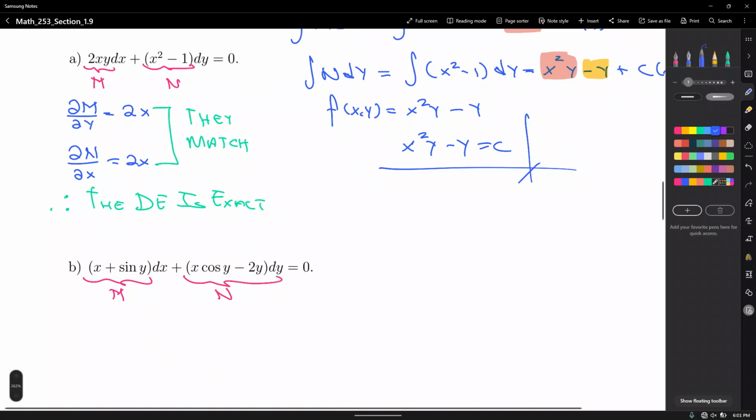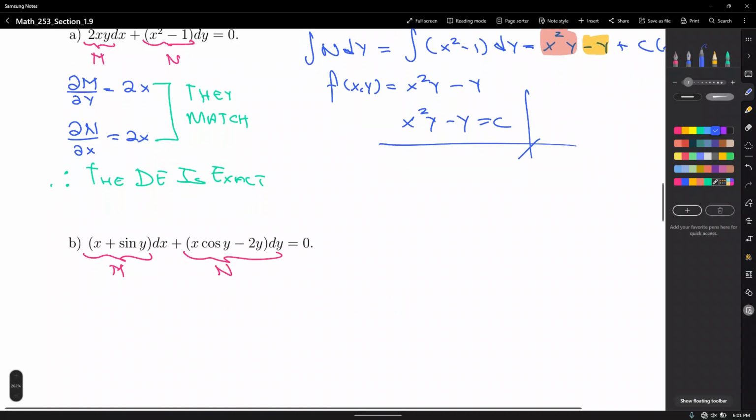So number one, let's perform the test to determine whether this equation corresponds on the left-hand side to a total differential or to an exact form. Okay? So that is partial of M with respect to y, which is, okay, the derivative of x with respect to y, x is a constant, that goes to 0. The derivative of sine y with respect to y, that's cosine y, all right?